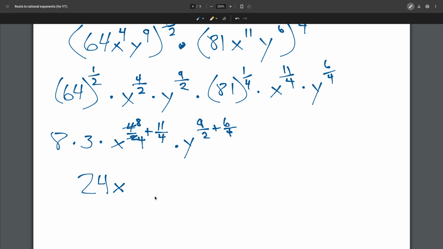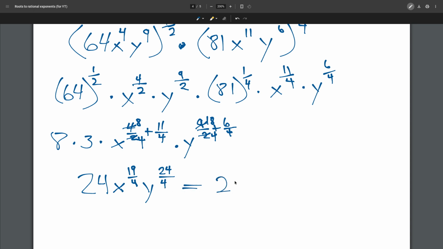So 8 plus 11 is 19, so 19/4. We really can't simplify that. And then y, again, if I multiply the top and the bottom here by 2, that would give me 18/4. So that's going to be 18 plus 6 is 24/4. So y can be simplified.